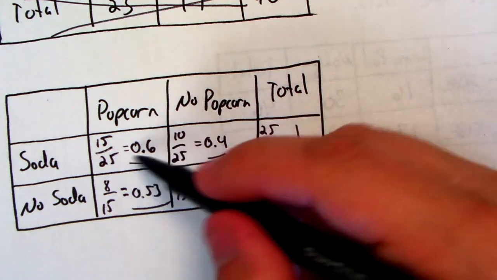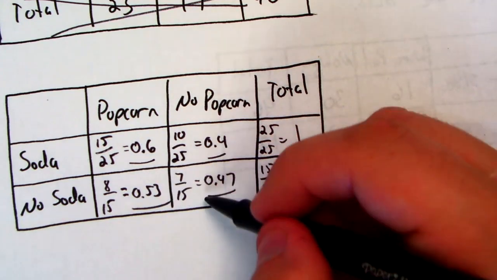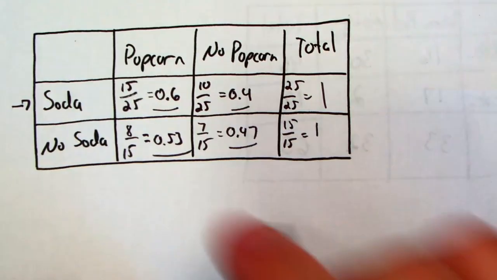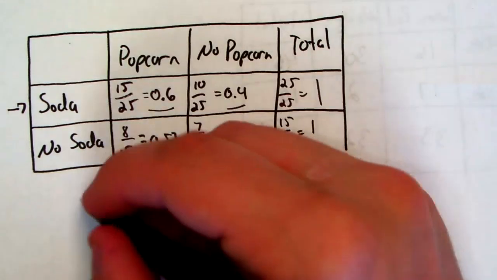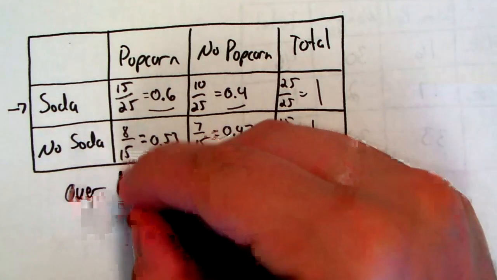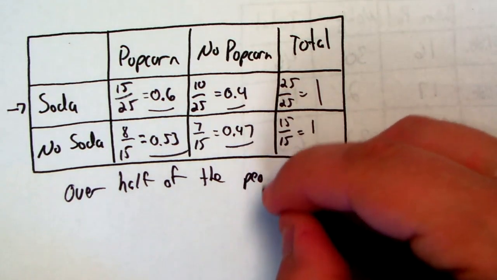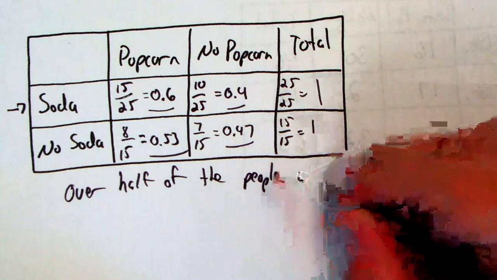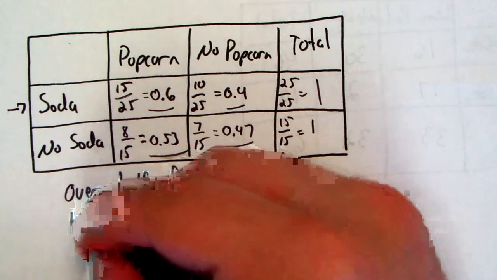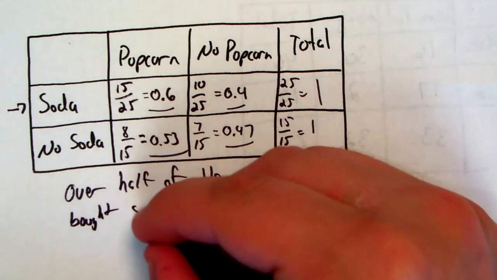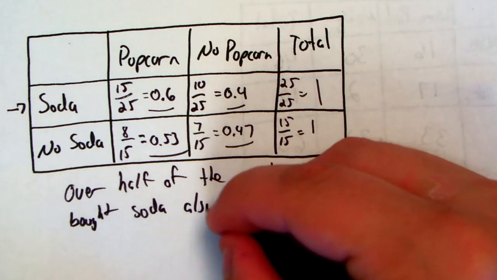But there's a lot of different ways that you can do this. What I'm going to say is I'm going to look specifically at kind of like this section here. So over half of the people who bought soda also bought popcorn.